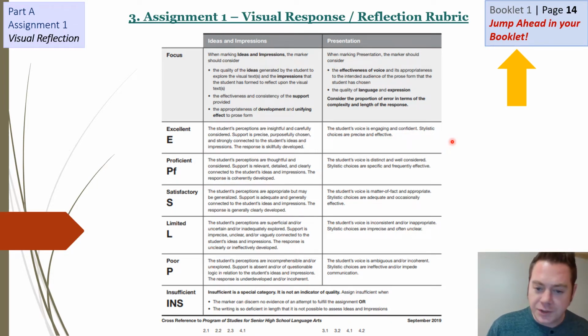The stylistic choices are precise and effective. Now bear in mind, this doesn't mean that it is 100% error-free. Any of the exemplars that you'll find on Alberta Ed's website showing the standards of student writing, none of them are error-free. But relatively speaking, for first draft writing, it is a solid piece of writing.